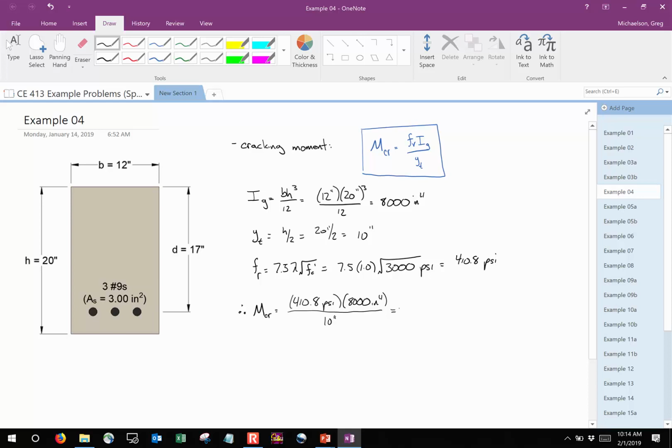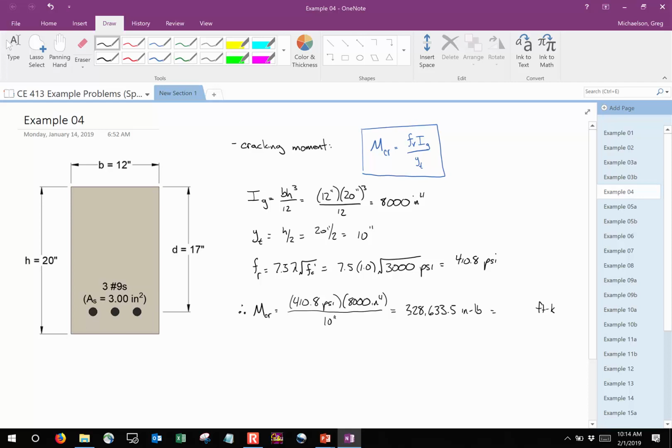Now, what are the units? It's a moment. Inch pounds. So it's going to be a big number. 328,000 inch pounds. And can you go ahead and convert that to foot kips? How do we convert that to foot kips?